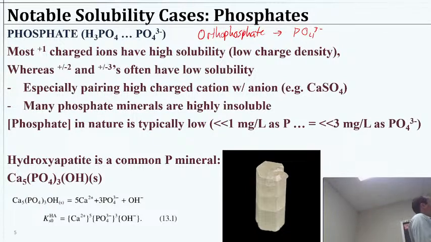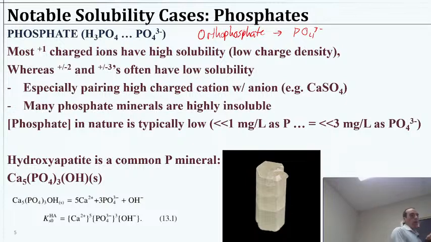Now, one thing to note about phosphate, and one thing we can recognize about different minerals and ions in general, is that most of the +1 charged ions are typically quite soluble. If you have sodium and chloride, +1 and -1, that tends to be quite soluble because there's not a whole lot of charge density drawing them together, if we're talking about a salt or a similar mineral.